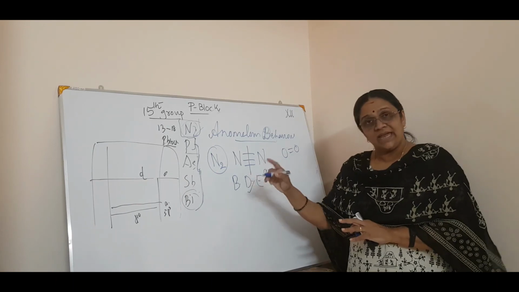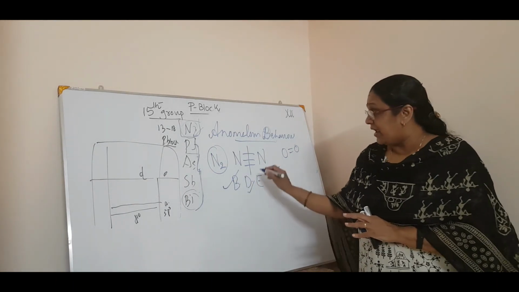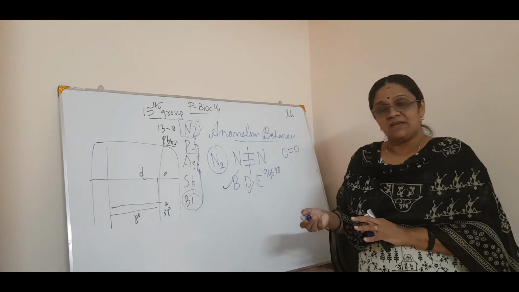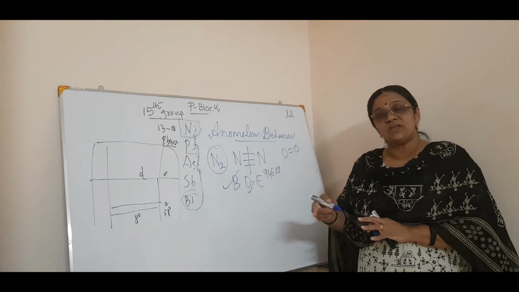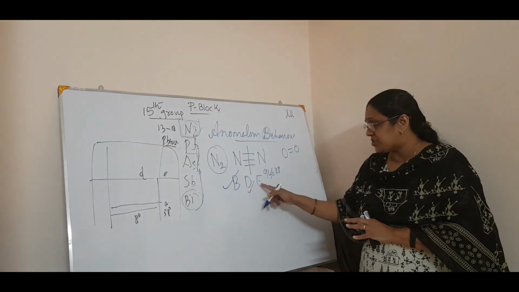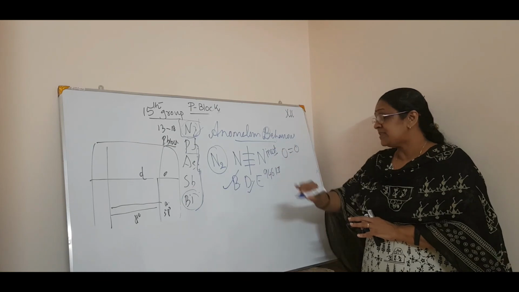So a point comes that the bond dissociation enthalpy of nitrogen is very high when compared to phosphorus or arsenic. See how the question is formatted. So we can say, since a triple bond is there, in order to break the 3 bonds, a high amount of energy is required. That's it. So the bond dissociation energy is very high. Then you know nitrogen is inert, isn't it?